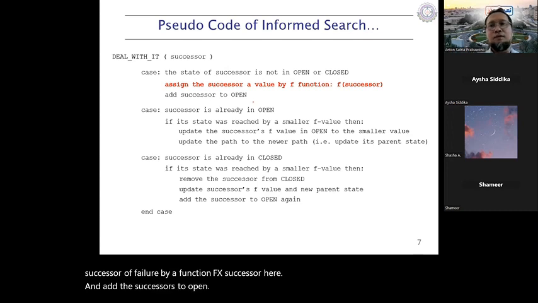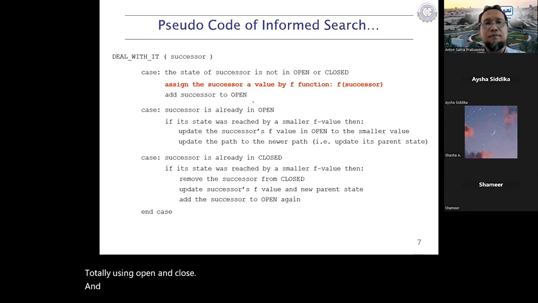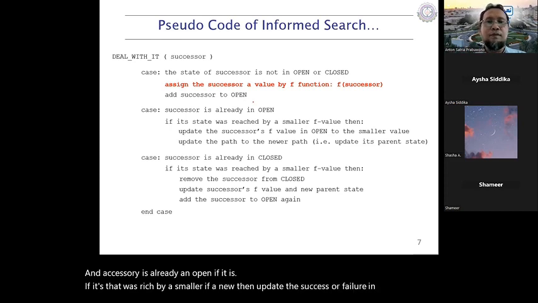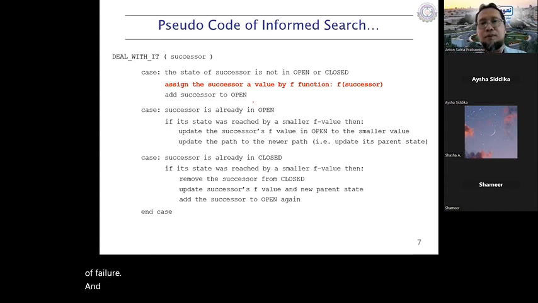In the case where the successor is already in open, if its state was reached by a smaller value, then update the successor value in open to the smaller value, and update the path to the newer path. That is condition one.